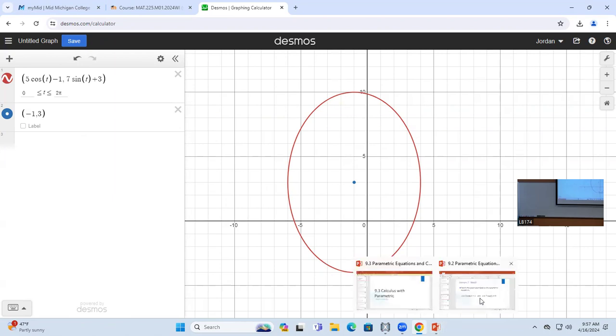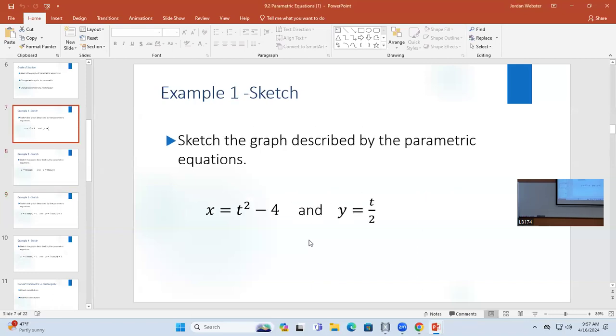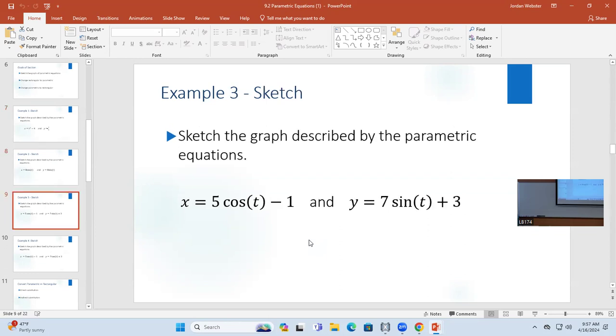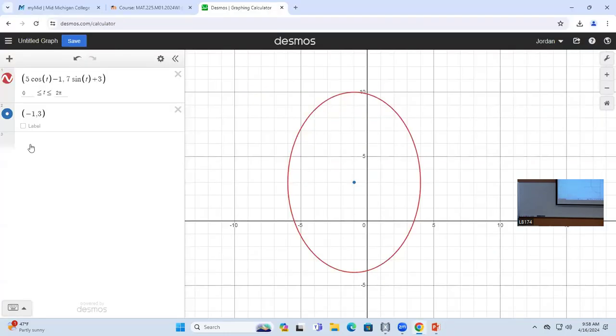So we've seen 3 different conic sections in parametric form. We've seen the parabola, that was our example 1. We saw the circle, that was our example 2. Our example 3, we saw a parametric equation pair for an ellipse. And it turns out if we use secant and tangent instead of sines and cosines, you can guess what's going to happen.